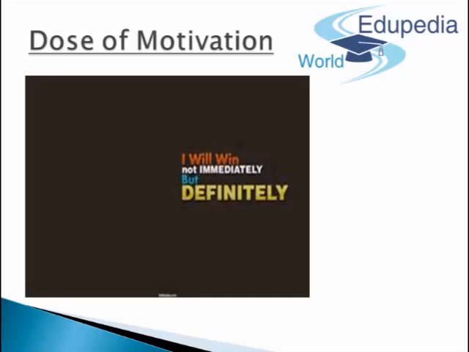However, I can simply say that one has to have this kind of attitude in their respective lives. Even if he is not a CA student, still one has to have this kind of attitude that he or she will certainly win. It might be that they won't be able to win immediately, but definitely they'll be able to win one day, and success will definitely be theirs. One has to have that kind of positive and optimistic attitude.